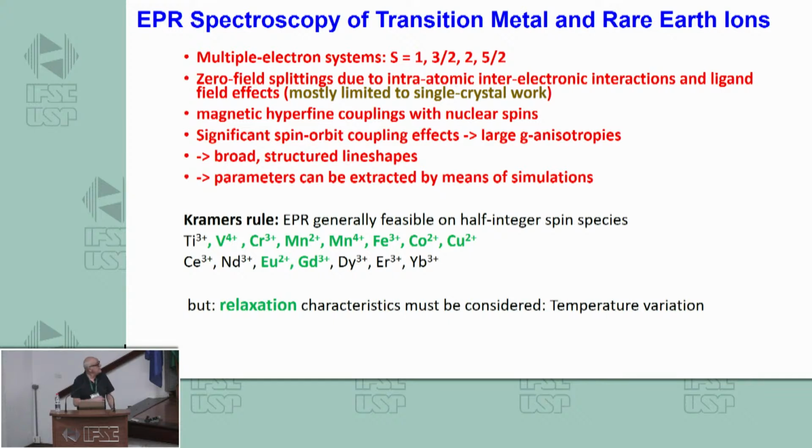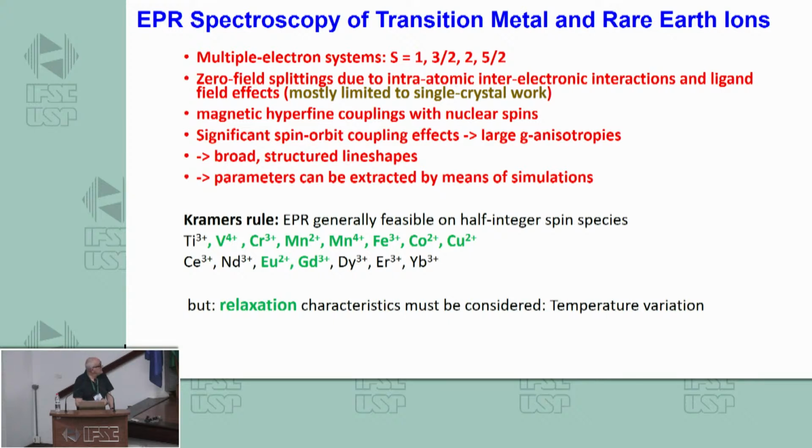Titanium 3 plus is an important species because of many applications of titania-based ceramics that are used in solar cell design. It's also an interesting ingredient in glasses. So what I've shown here in green are the ones that are uncomplicated and typically observable at room temperature, where relaxation is not imposing major problems.